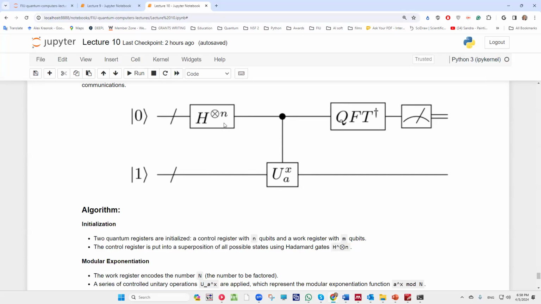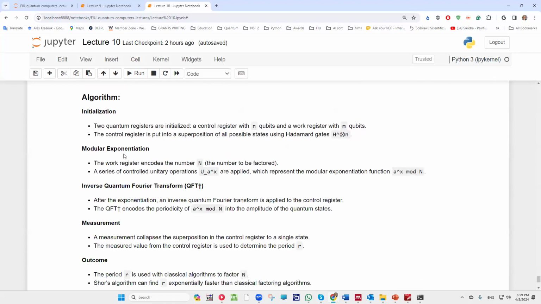I took this circuit from a recent research paper which claimed they ran this circuit on 60 qubits, I believe, a couple of years ago. So yeah, the algorithm is presented here.